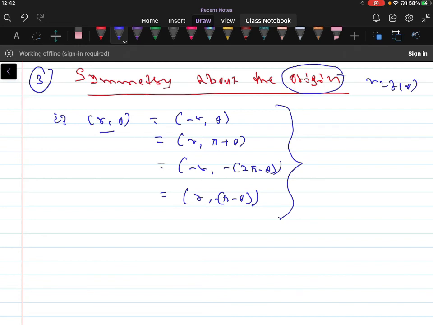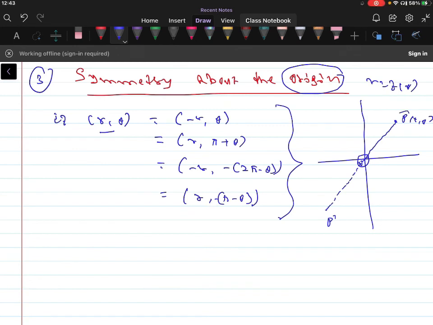So geometrically we can see that here. Take a point P in the first quadrant, so that is (r, theta). Take the line from origin to P, then extend the line into the third quadrant. So this is P dash. Then the curve is symmetric about the origin.